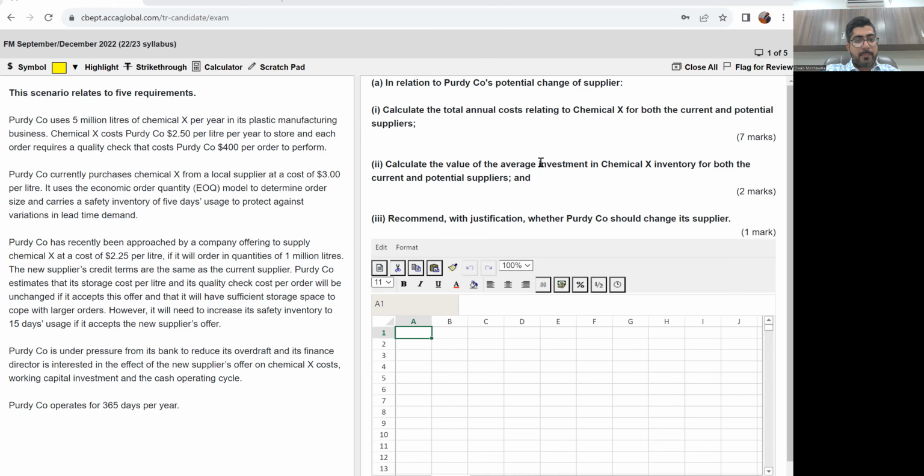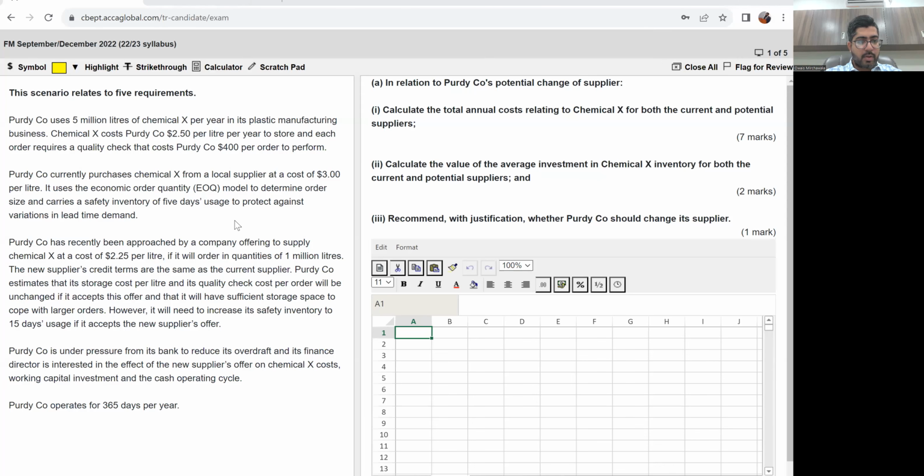PURDY has recently been approached by a company offering to supply Chemical X at a cost of 2.25 per liter if it orders in quantities of 1 million liters. So currently it uses the EOQ model and gets it at 3. One supplier is approached to provide at a cost of 2.25 per liter if the order is 1 million liters.